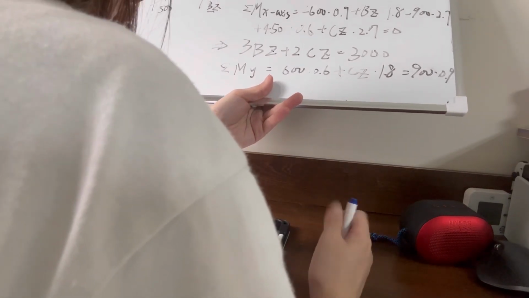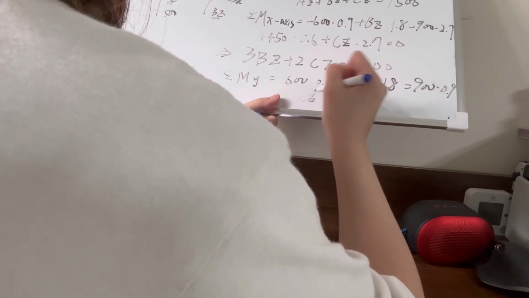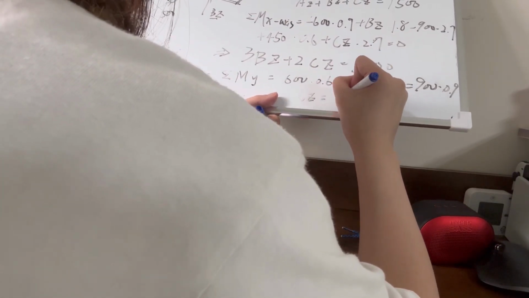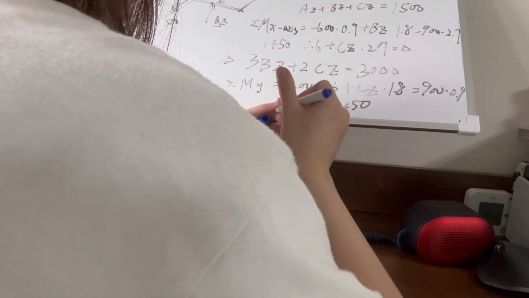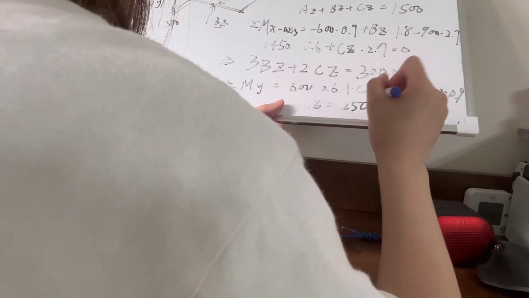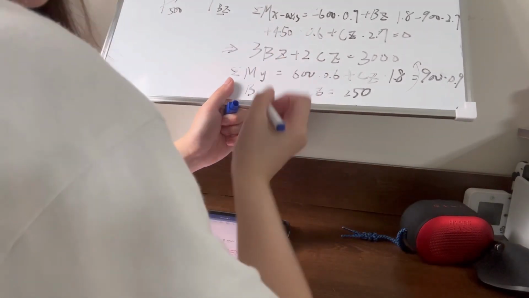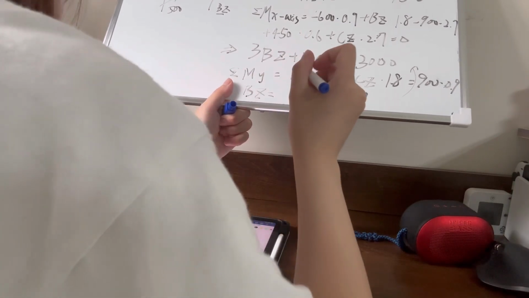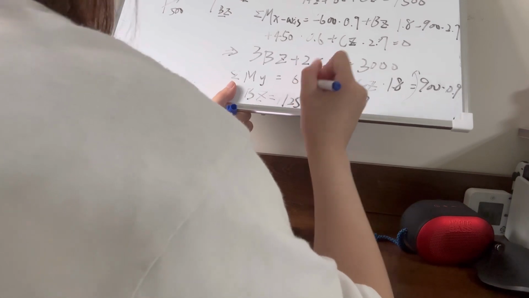So you can write down, so we know the Cz is 250, and we know the Cz, we can know the Bz here. So the Bz is 1,125.